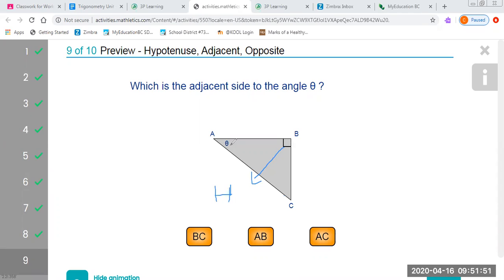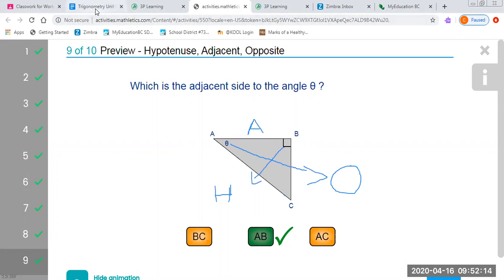If we know this angle here, then the opposite of that angle is the opposite side. Therefore, the only other side we still don't have is the adjacent, the leftover side. So that side, AB, would be the correct answer here. If we ticked that and chose submit, it would say, good job, you got that right.